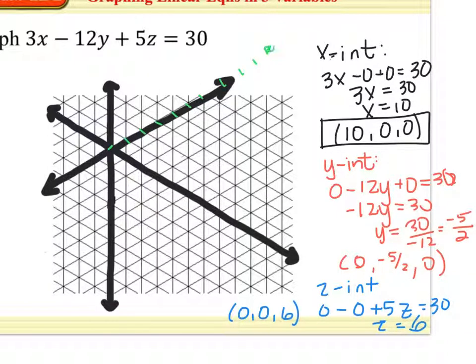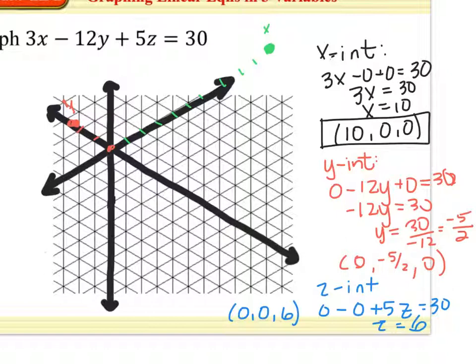So I'm going to put a point right there, and we'll say that's x. Y is a negative 5 halves, which is really 2.5. So I'm going to start here at 0, 0 and move 2.5 back in the negative direction, which is right here. So this is my y-intercept.